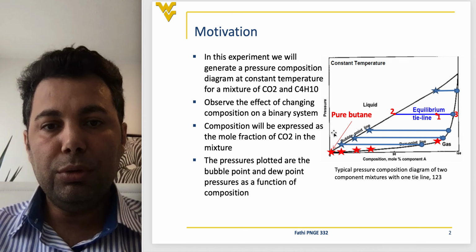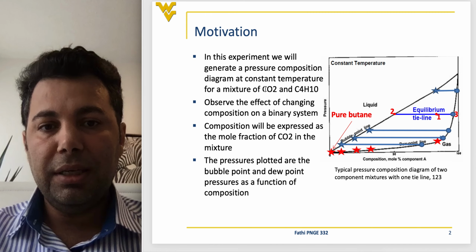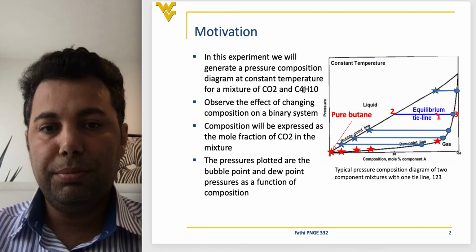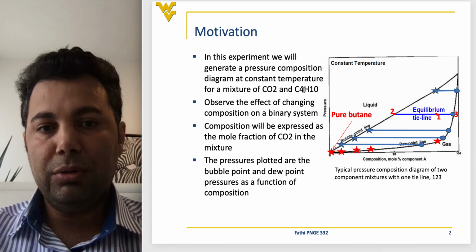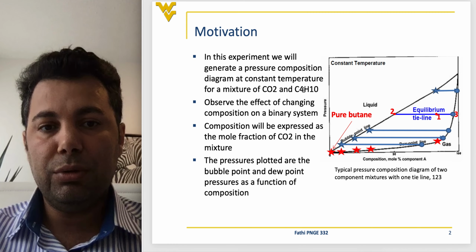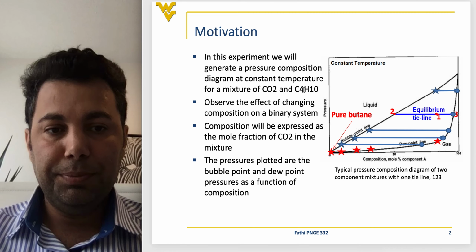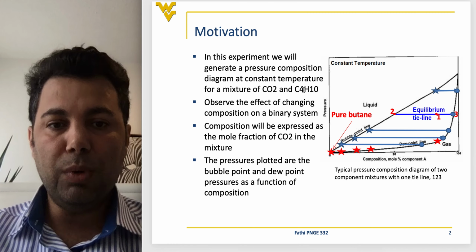For lab number 2, the mixture that we are going to study is a mixture of CO2 and butane. So we are going to study the behavior of the CO2 and butane mixture. However, there is one problem.